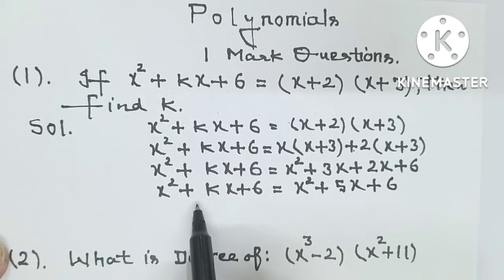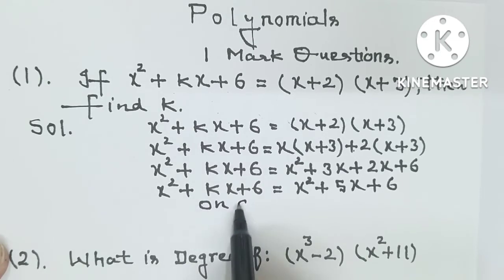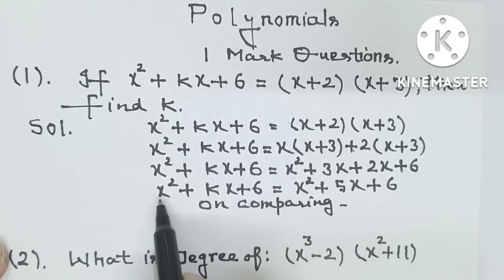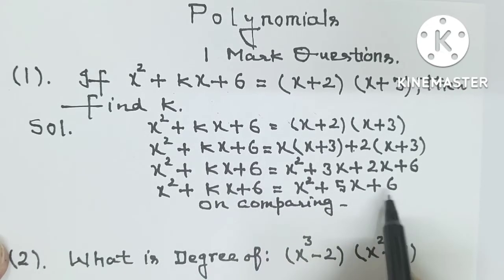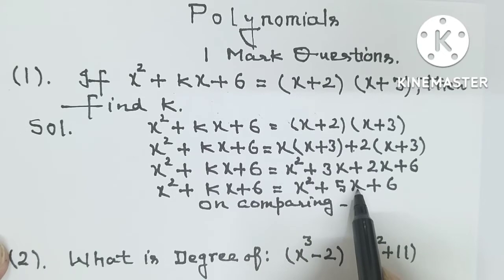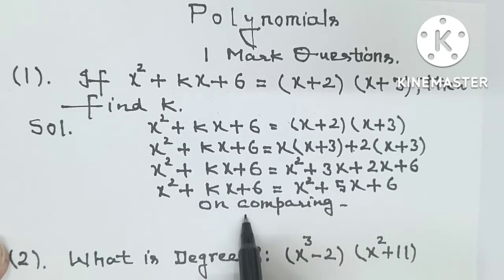Now we will compare. On comparing, you can see here x square and x square is same, 6 and 6 is same, kx is equal to 5x. So x and x can be cancelled, k will be equal to 5. So this way we can find the value of k.